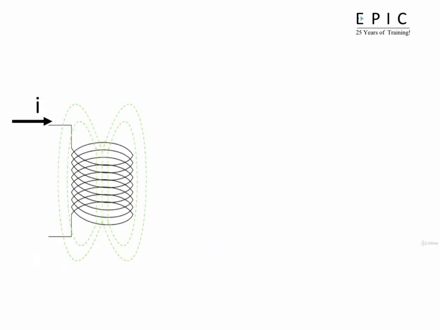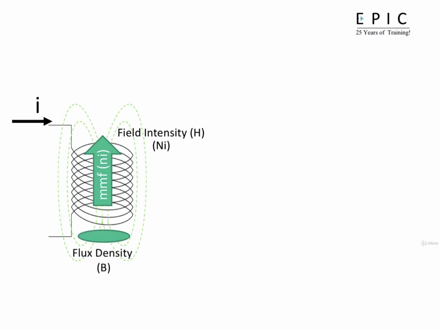Looking back at a coil of wire in air or a vacuum with current flowing in it, the current produces an MMF, or a field intensity, that is directly proportional to the current, which produces a magnetic field which, measured over an area, is known as magnetic flux density.